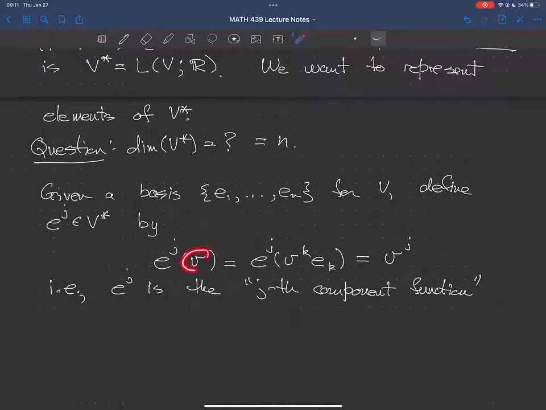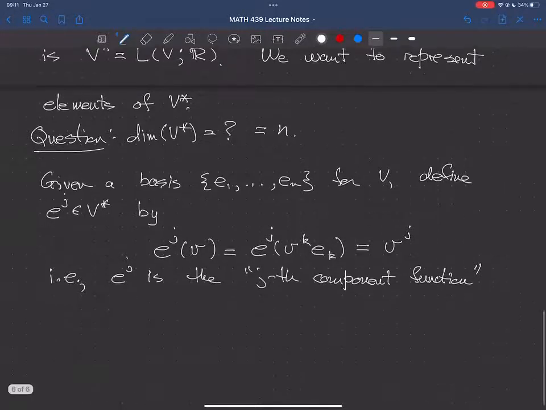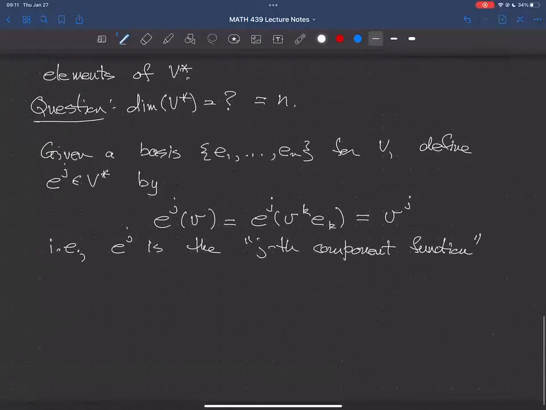You give it a vector V, and it returns the jth component of V in the basis E. So it depends on the basis that you choose, of course. And I can do this for every j.